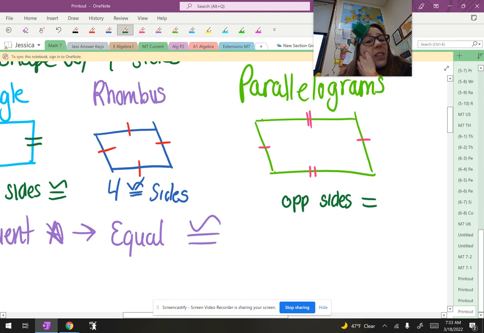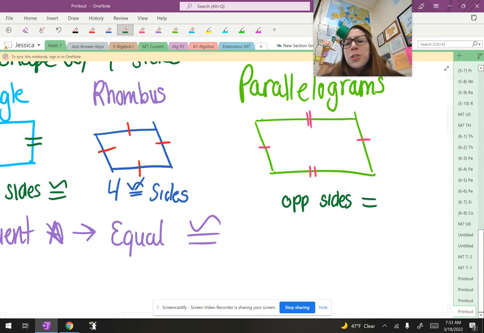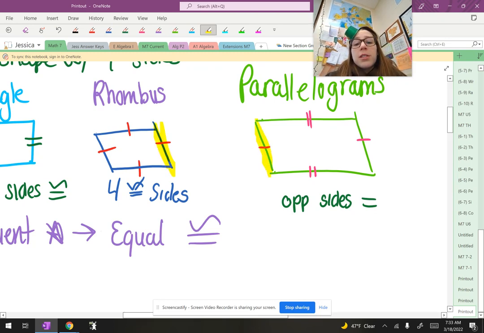Before we move on, we need to draw the heights into these parallelograms and my rhombus here. Because if you think about when you go to the doctor and they measure how tall you are, they don't ask you to slant over. They ask you to stand straight up and down. And the problem with these rhombuses and parallelograms is that those sides right there aren't straight up and down.